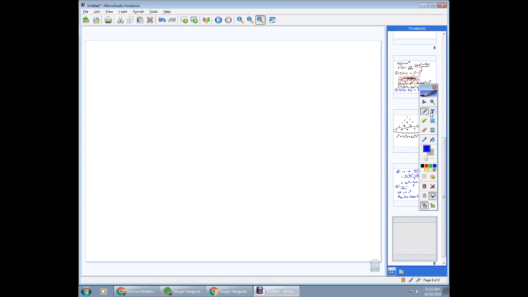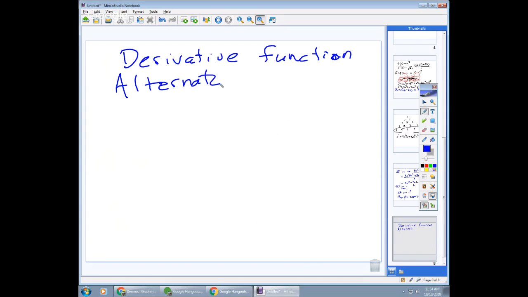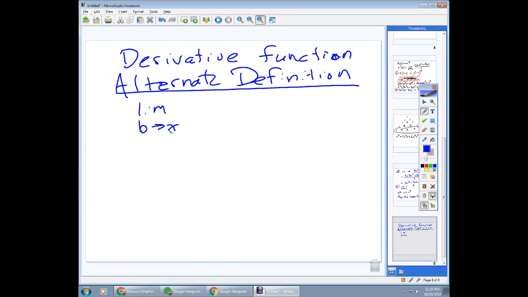So the alternate definition for a derivative function, I'm going to look at it this way. Derivative function, this is the alternate definition. I would write it this way, take the limit as b approaches x of f of b minus f of x all over b minus x.